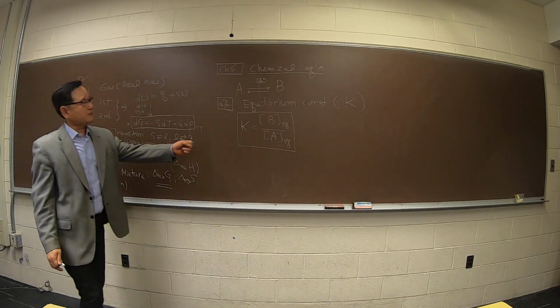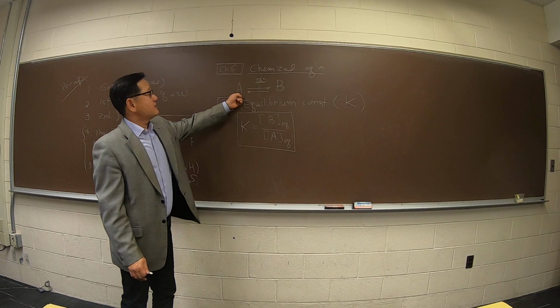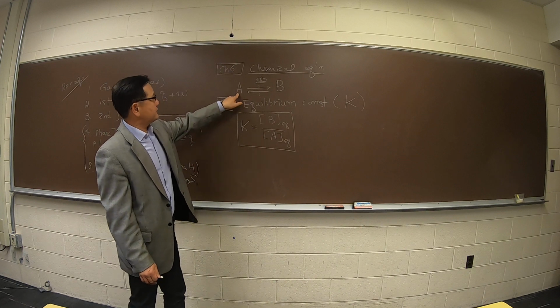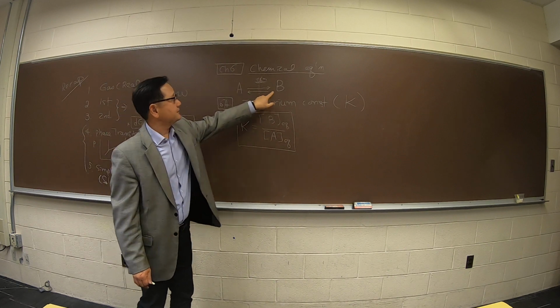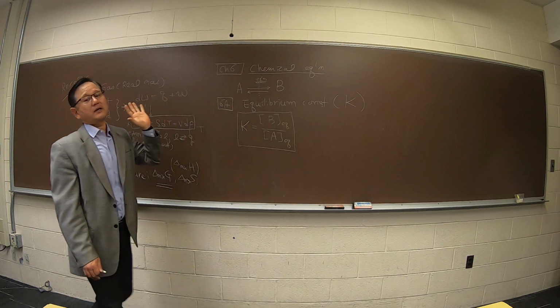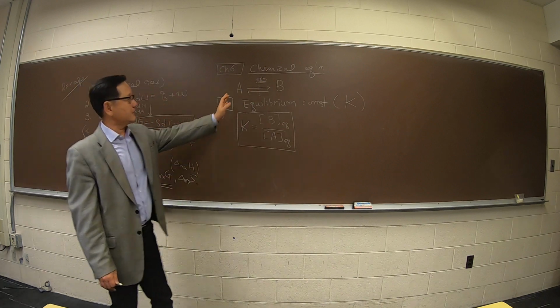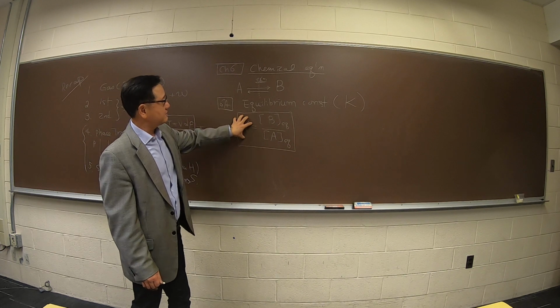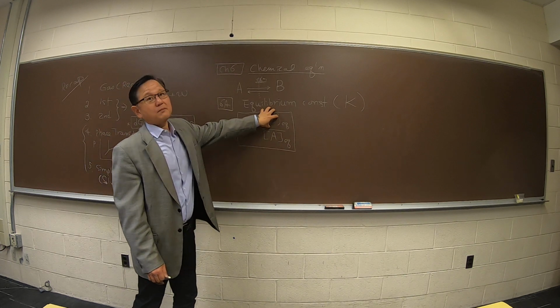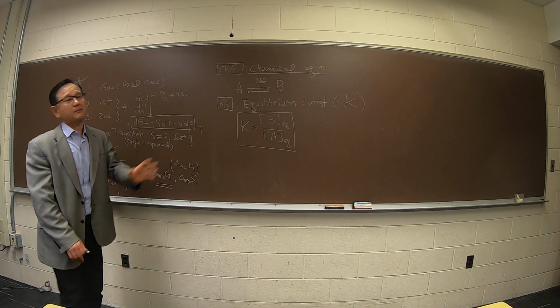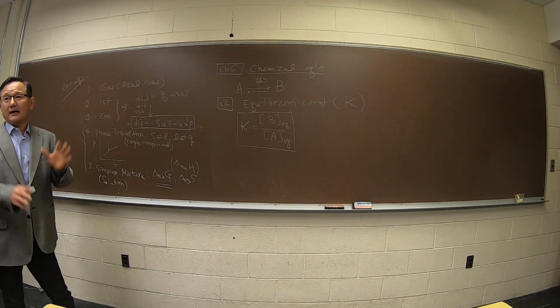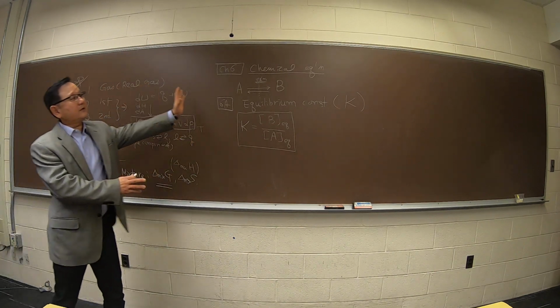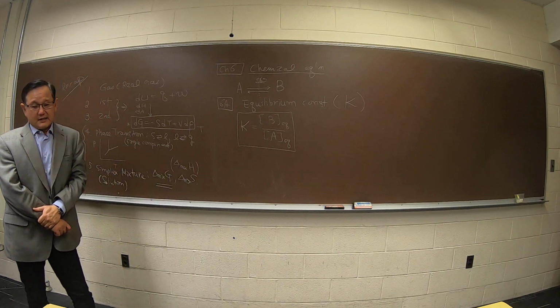This is one of the characteristics that define the concentration of reactant versus product, and how much I can make of my products out of the reactant, and how I can manipulate this K to favor more products or the reactant. So this is practically more important, what you learn now can be applied to this.